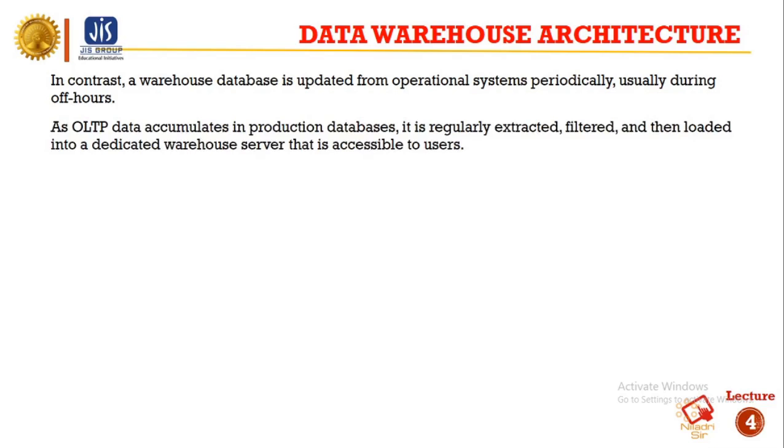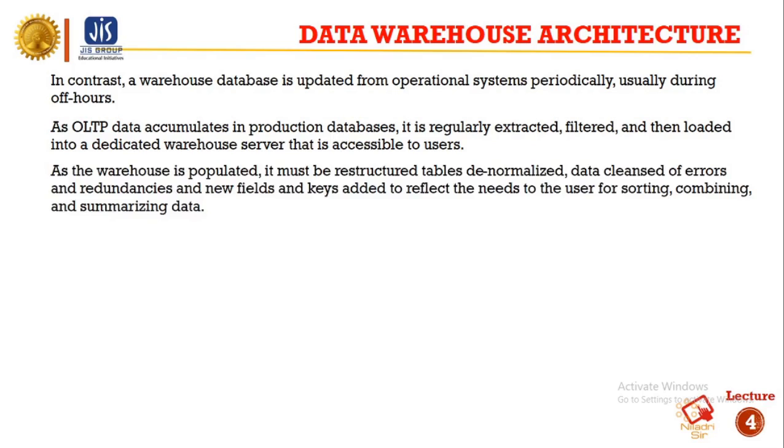As OLTP data accumulates in production databases, it is regularly extracted, filtered, and then loaded into a dedicated warehouse server that is accessible to the user. As the warehouse is populated, tables must be restructured, denormalized, and data cleansed of errors and redundancies, and new fields and keys added to reflect the needs of the user for storing, combining, and summarizing data.